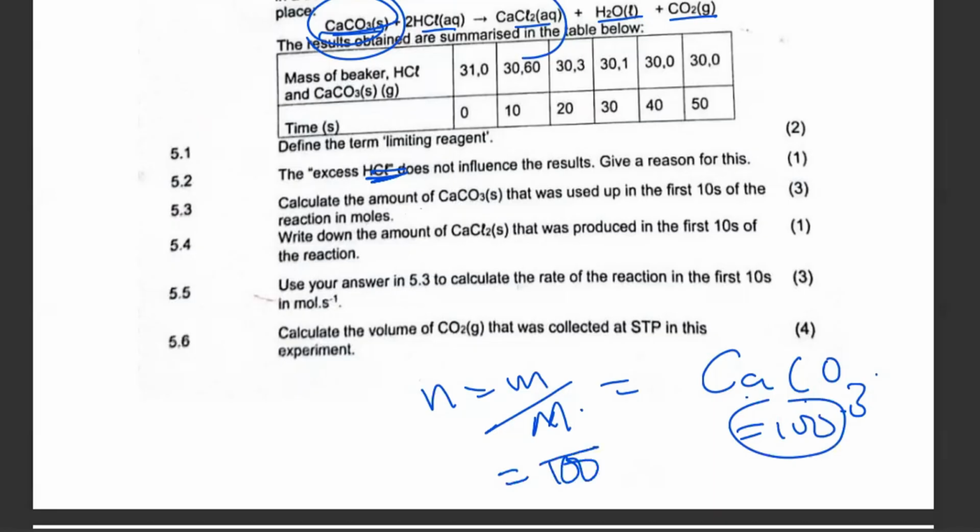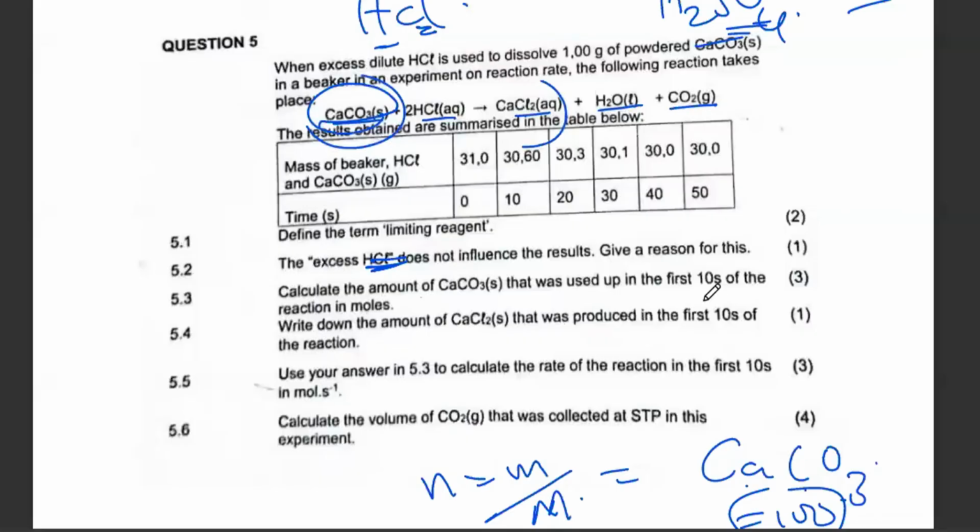So since I started with 31,0 and then ended with 30,6, I need to find the difference between the two, which is the mass that has been used. That gives me 0,4.